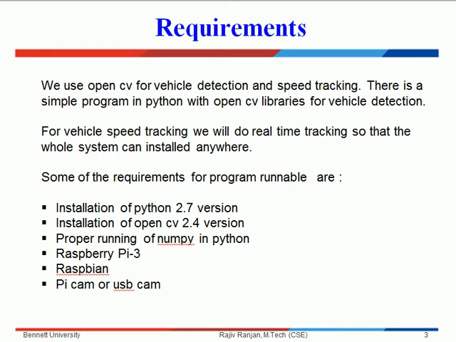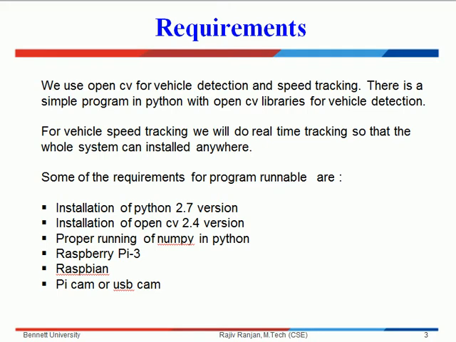We just have to import the OpenCV library in our Python program. There is a simple Python program with OpenCV libraries for vehicle detection. For vehicle speed tracking we will do real-time tracking, so that the whole system can be installed anywhere. The best part of this project is that we can install it anywhere, and it is very easy to install.